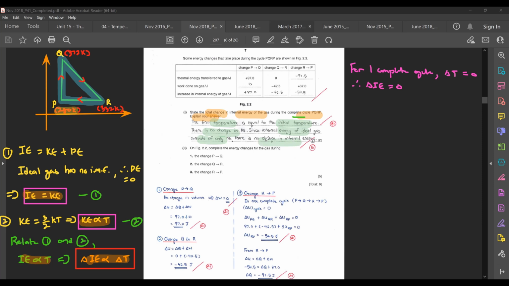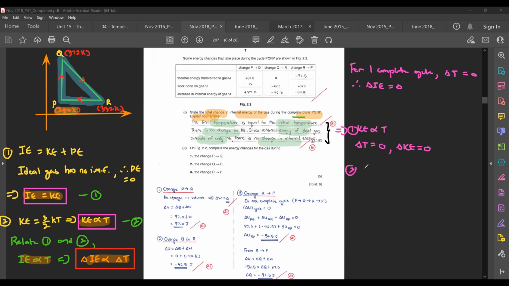Or this one is explained using a different manner. I did not combine them. I will show you how this one is explained. This one is basically saying that KE is proportional to T. If your temperature change is 0, your KE change is 0.